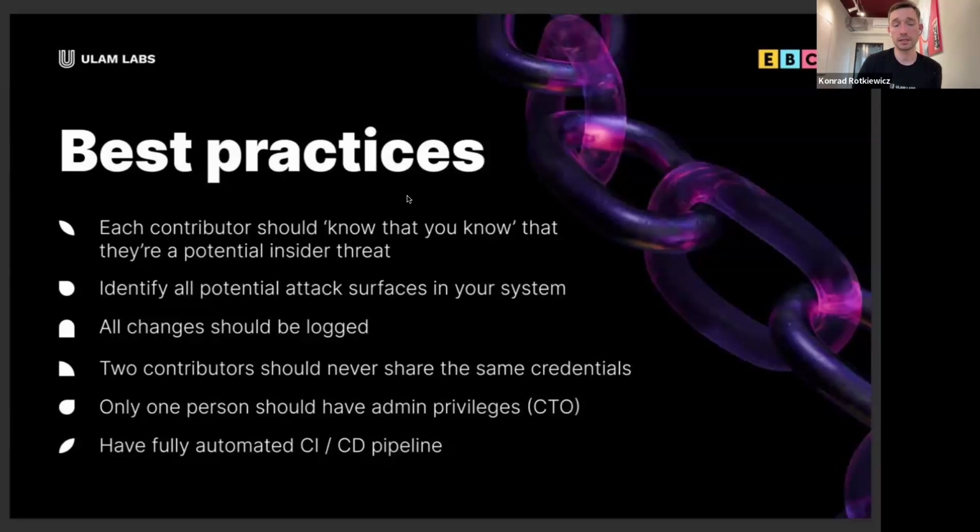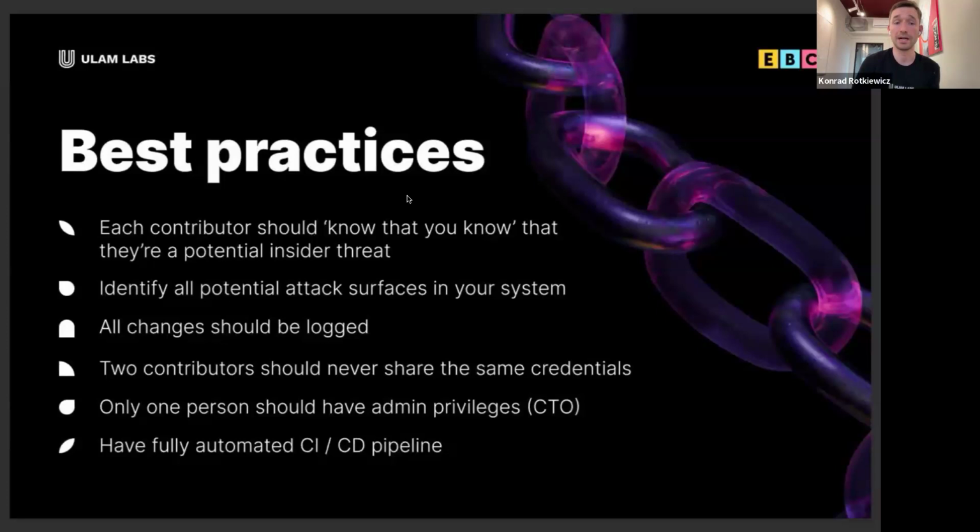Next, if you have contributors, all changes to the infrastructure, deploying new code, updating code on the network, should be logged. If you do that, the insider won't be able to pull off any attack untraceable, and will be caught later on.